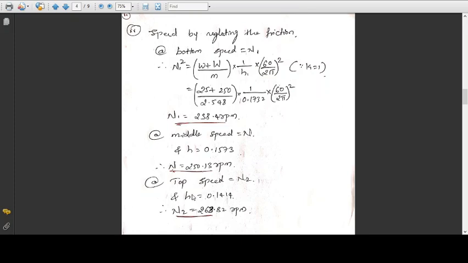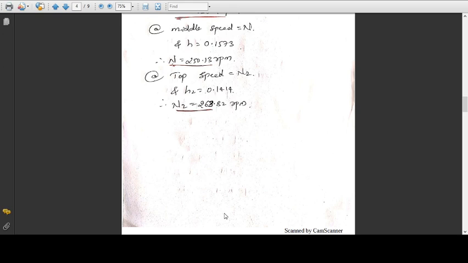After the substitution and simplification, you will get n2 as 263.82 rpm. So here we have calculated the total lift and speed at the bottom, middle and top when the sleeve is having upward motion and downward motion, and also the speed at the bottom, middle and top when neglecting the frictional force.